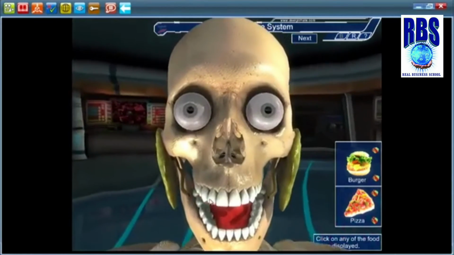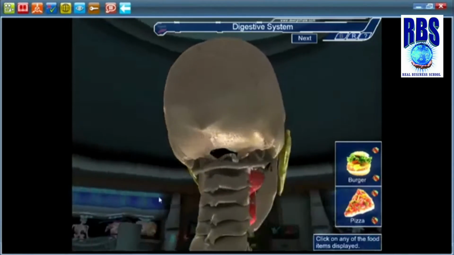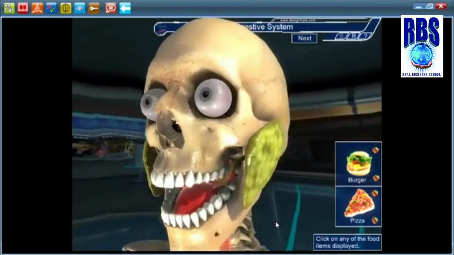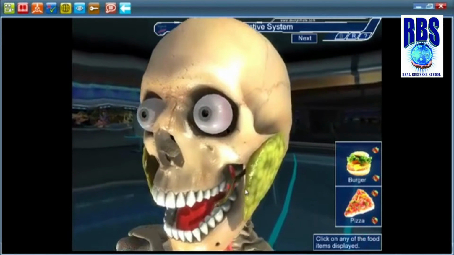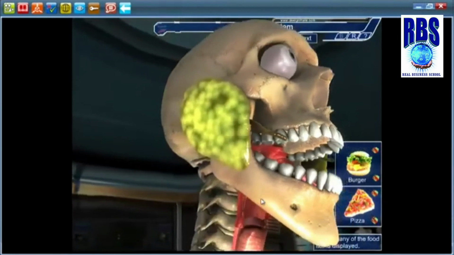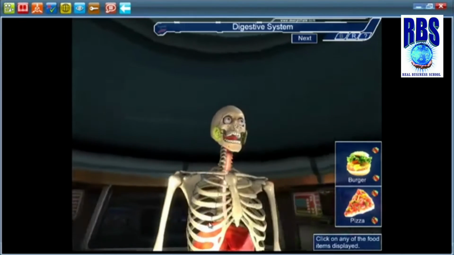With the help of the mouse, as you can see, I can rotate this and show my students each and every organ involved in this. To have a closer view of these organs, I can zoom in, then I can zoom out and further show my students all the organs involved.